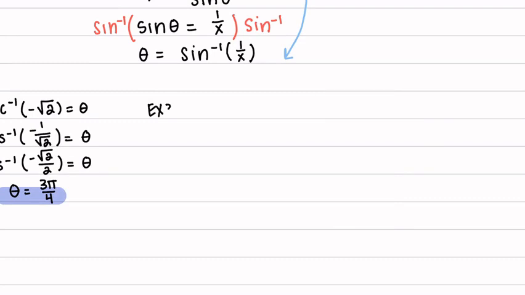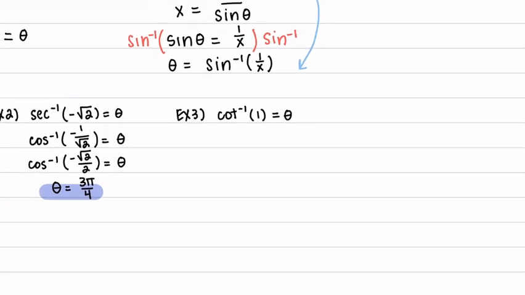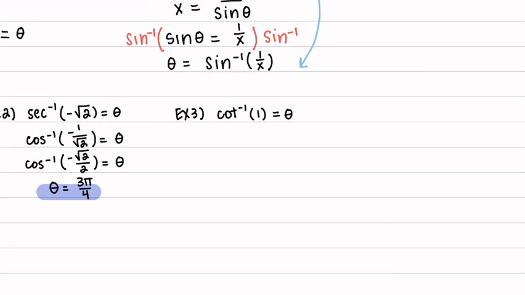All right, example 3. Inverse cotangent of 1 equals theta. These you have to be really careful with, okay?